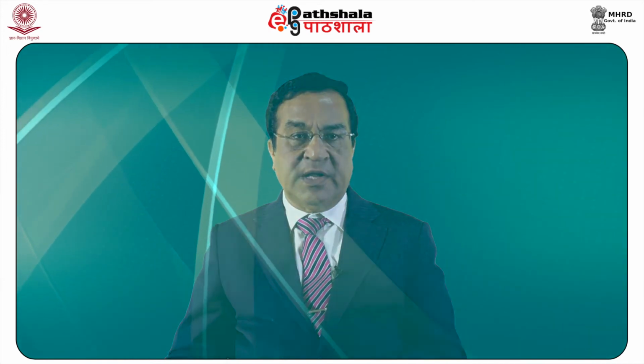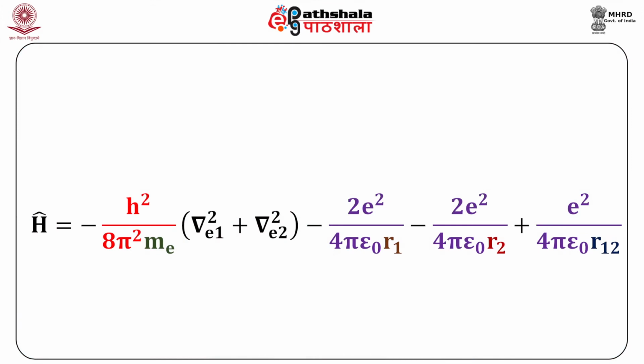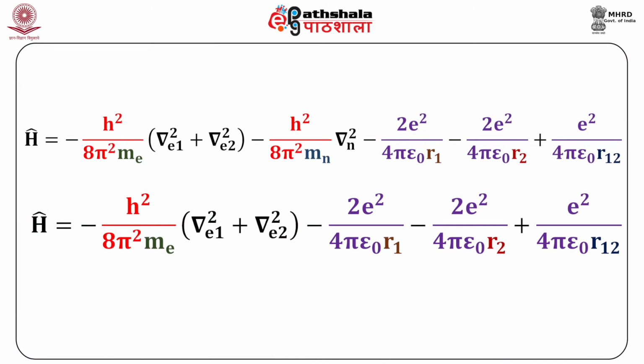Once we fix the nucleus to be stationary, its kinetic energy term vanishes, and therefore the Hamiltonian reduces to this form as you can see here. If we compare it with our earlier equation, we see that the term minus h² upon 8π²Mn ∇n² is no longer present, because that was the term representing the kinetic energy of the nucleus.